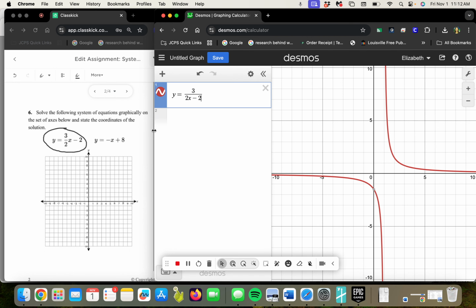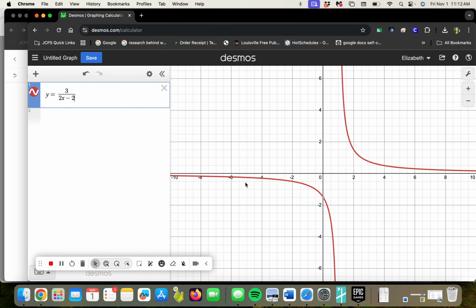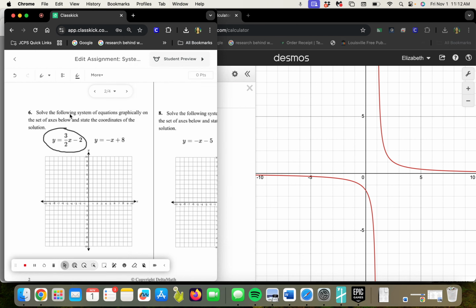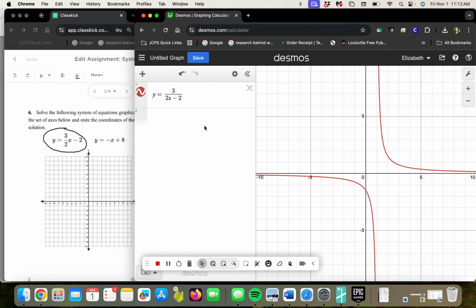Now, this probably doesn't look like the line that I'm expecting it to look like, and you're absolutely right. I have done it wrong so that I can show you, to make sure that you don't make the same mistake. Notice that this doesn't really match up with the equation that I have here. It doesn't look exactly the same.